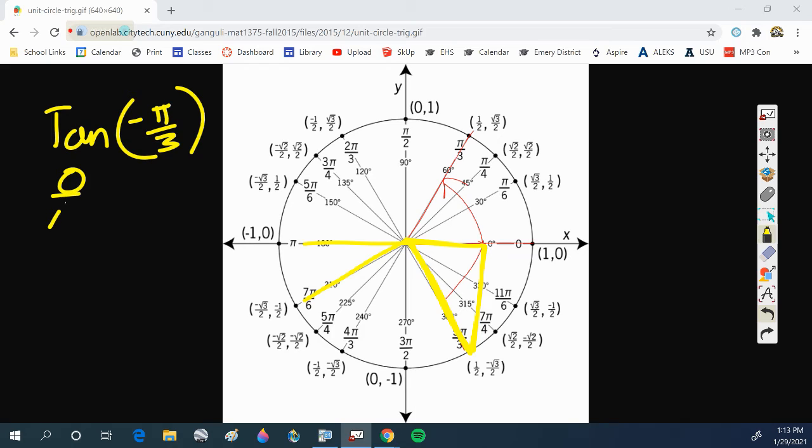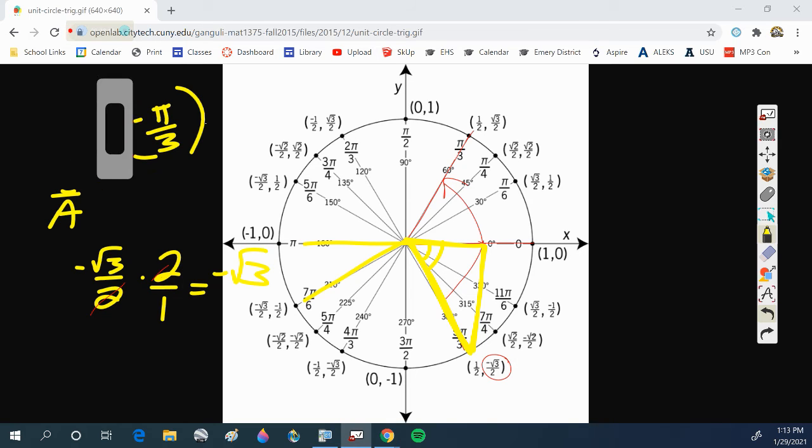Tangent is O over A. What is the O side of that triangle if this is my angle? It's going to be this. Negative root 3 over 2. And I'm going to divide that by 1/2 or flip it. Times it by 2. 2's cancel. And I get negative root 3 over 1, which is just negative root 3. Okay? All right, last problem.